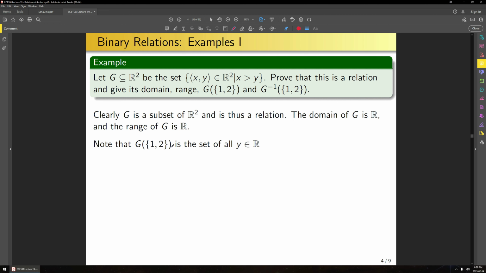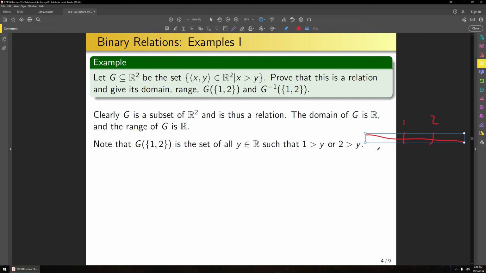So to find G of {1, 2}, I need to ask, what are all the y's such that 1 is greater than y, or 2 is greater than y, right? I want to figure out what all y's are related to these x's. So I need this or this to be true. For this one, you can draw your classic little number line, like you've seen back in middle school. So we have our 1 here and our 2 here.